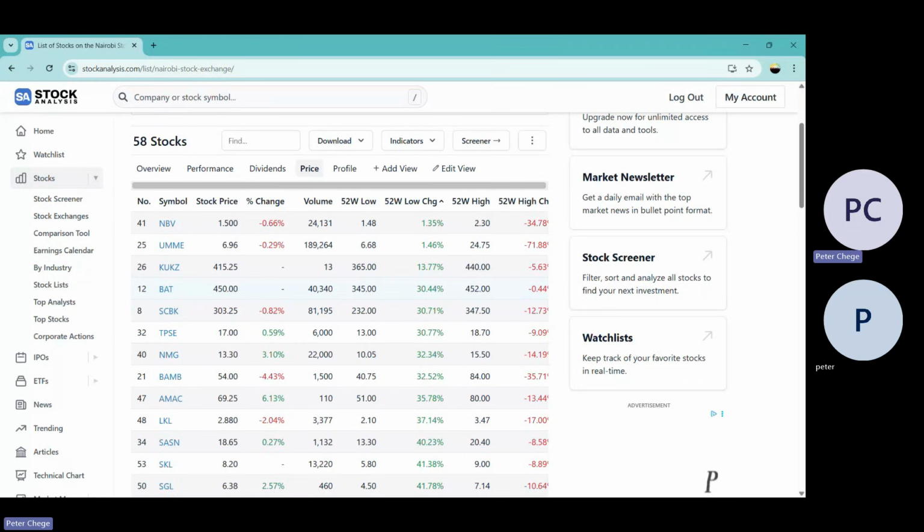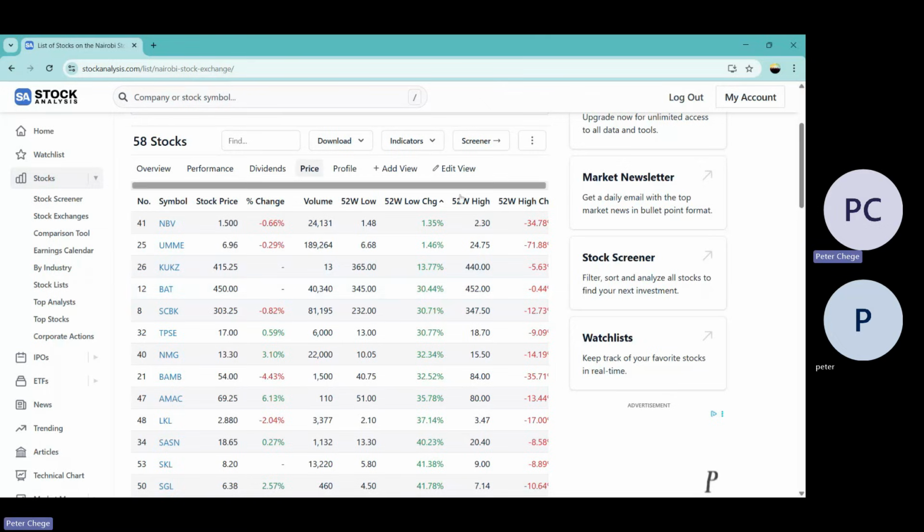There is BAT, again the same thing. Stanchart, these are stable stocks. If you notice, apart from Stanchart, BAT, Kakuzi, the price difference between the lowest and the highest is a bit minimal. And that allows you to play around with these stocks. But these are also stocks that move very heavily in terms of price.